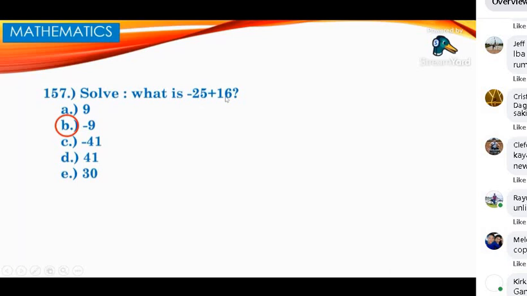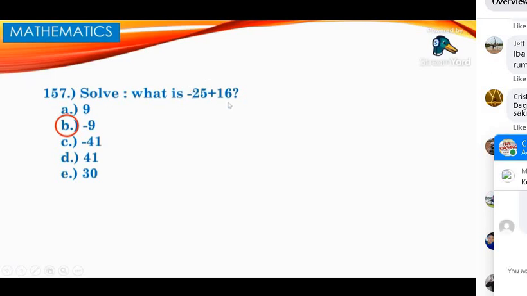If the given are unlike signs, or dissimilar signs, we're going to subtract and copy the sign of the larger number. So, copy natin yung sign na mas malaki. But first, we're going to subtract. Okay, so you have 25 minus 16. 25 minus 16, that's 9.